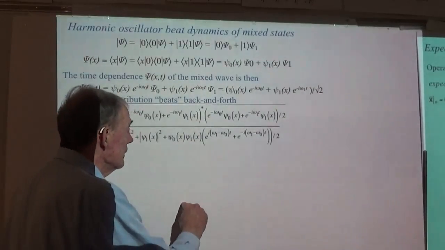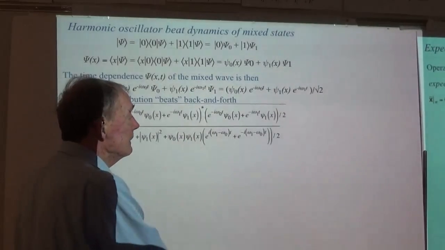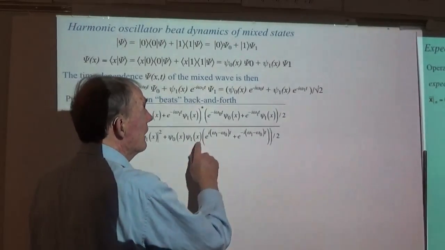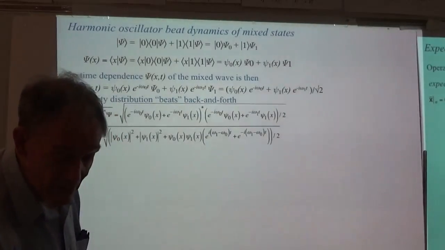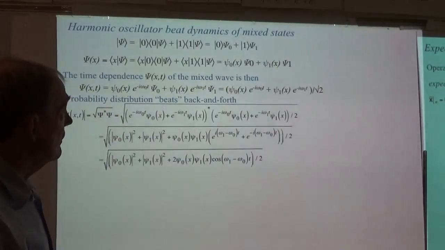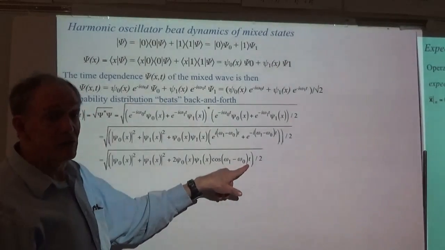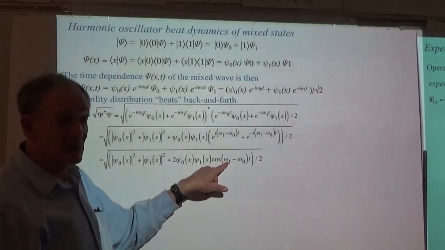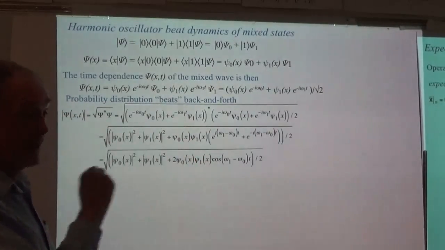So the product of those two, multiplying this thing and this thing, is going to be a cosine of the difference in frequencies. So what we're talking about is a beat frequency between the ground frequency and the excited frequency. And that's the only motion in that thing.